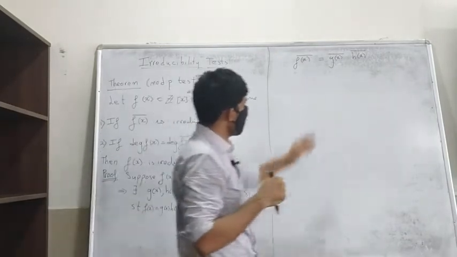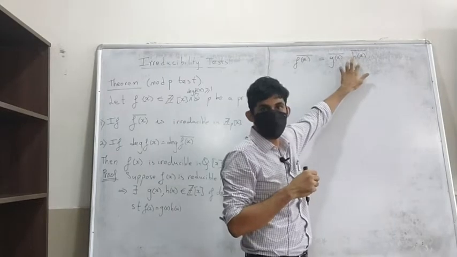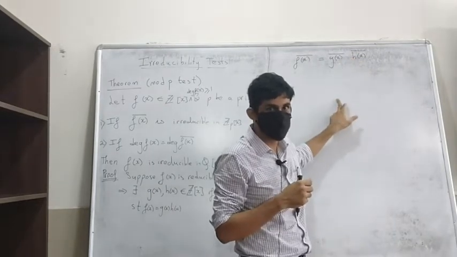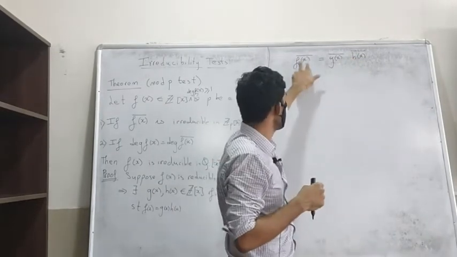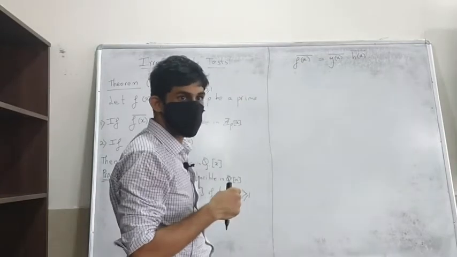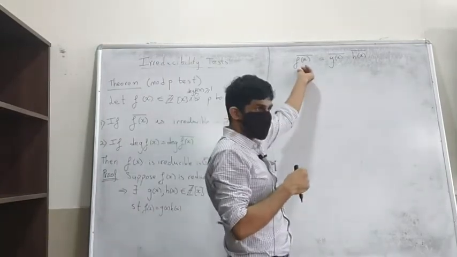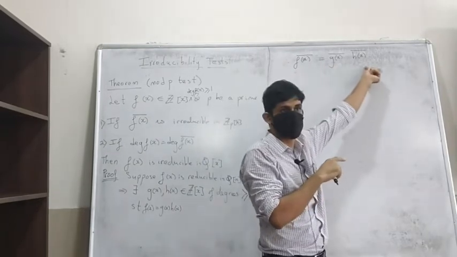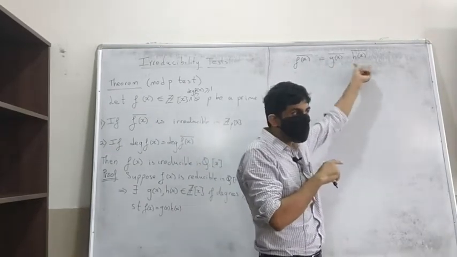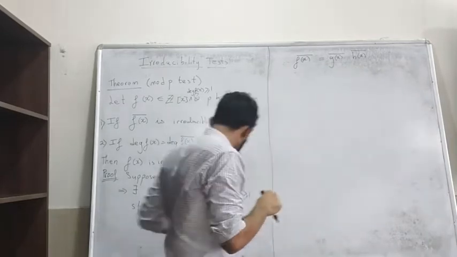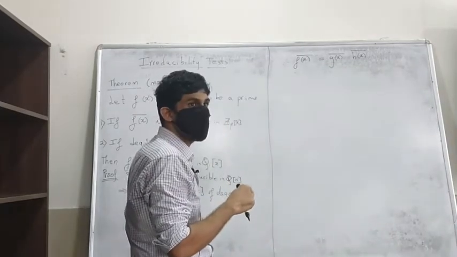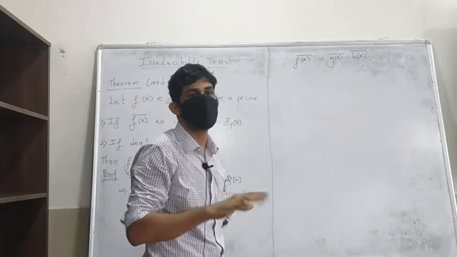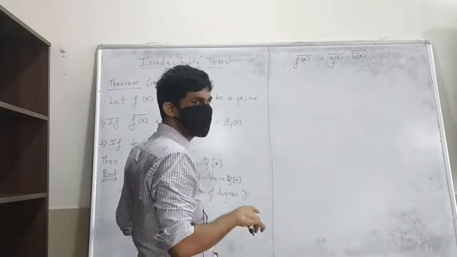Okay, so in case this degree falls, then what will happen is, we know that the degree of this is the same as the degree of f, and the degree of f is equal to the degree of g plus the degree of h. So if any one of them has degree strictly less, the sum will become strictly less than the degree of g plus the degree of h, which is the degree of f.